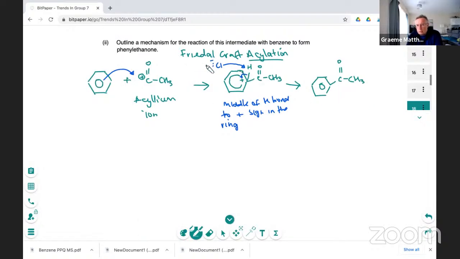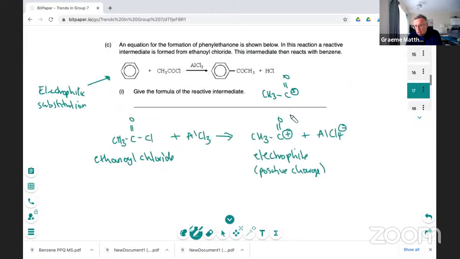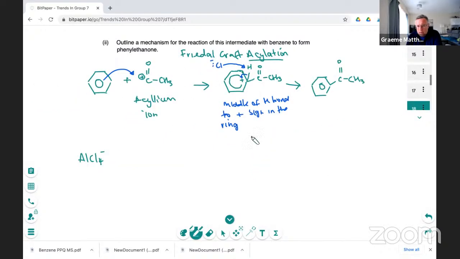Now, the reason why I mention this is that AlCl4 minus is what we were left with when we formed the electrophile in this equation here. Here's my AlCl4 minus, where the catalyst has to be regenerated. And so you just do this.